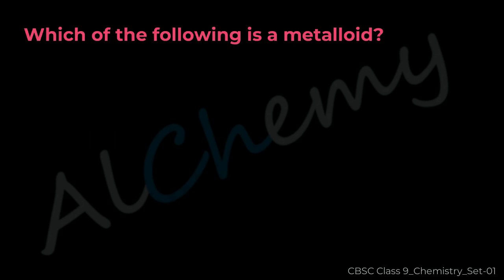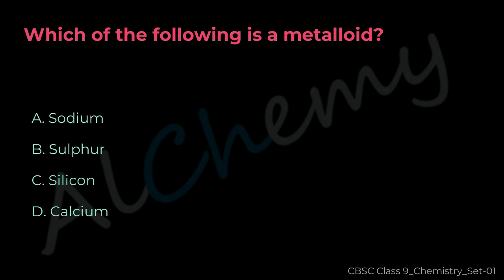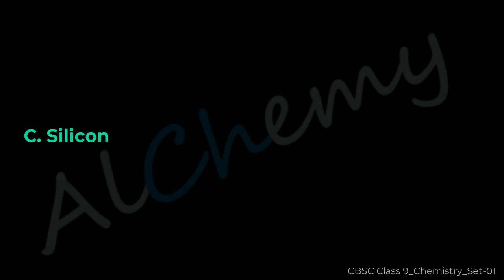Oxygen. Question 19. Which of the following is a metalloid? A. Sodium, B. Sulfur, C. Silicon, D. Calcium. The correct answer is C. Silicon.